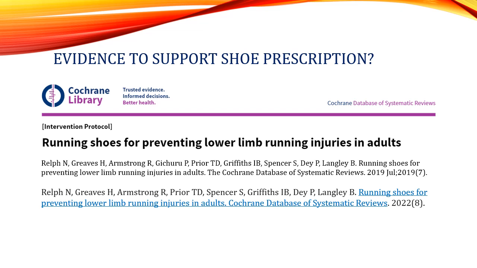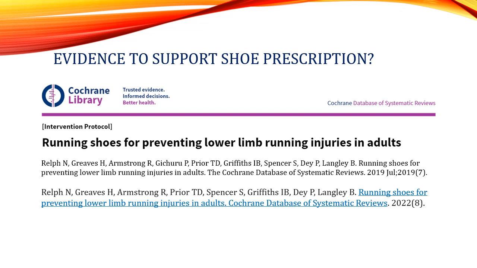There is also no evidence that prescribing footwear based on foot type reduces running related lower limb injuries in adults. All three trials that were conducted when comparing the rates of injuries were performed actually within the military population, as previously demonstrated in that 2014 article.